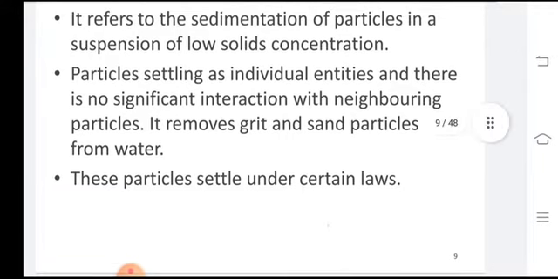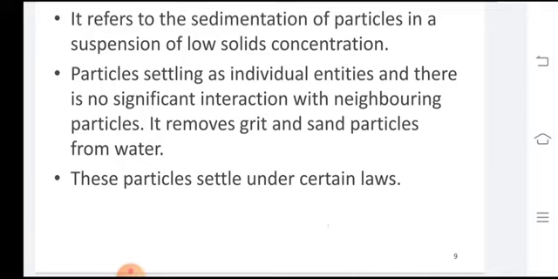Just as a reminder, we have earlier talked about zone settling, in which the denser particles make a cluster and move downward due to their load, high concentration, and high density, and everything coming in their way will also be moved toward the bottom of the tank and become part of the sludge.